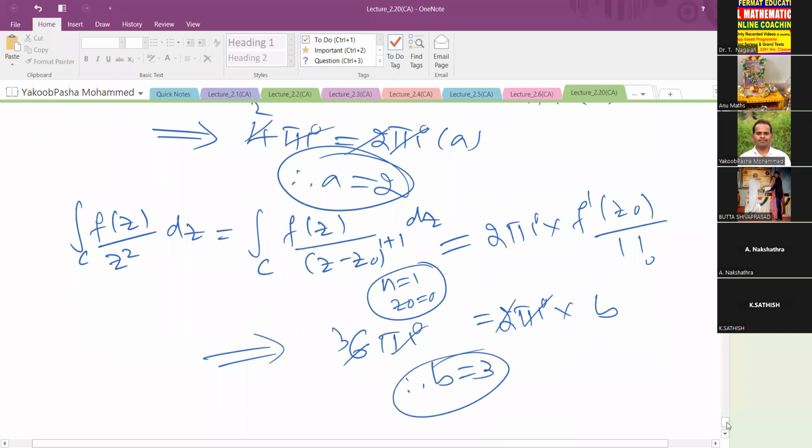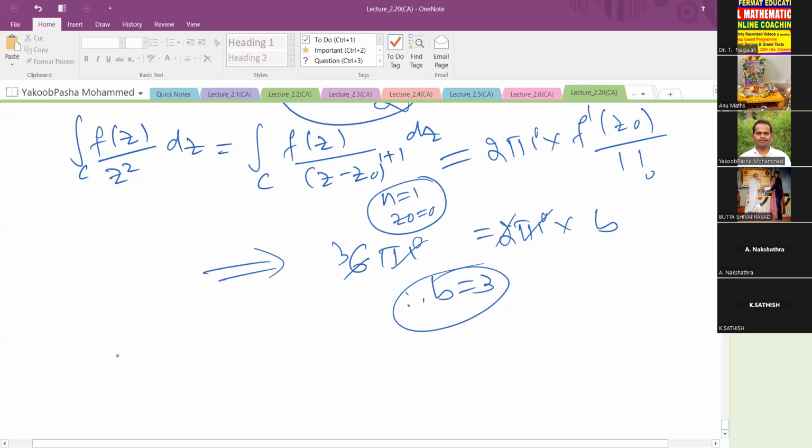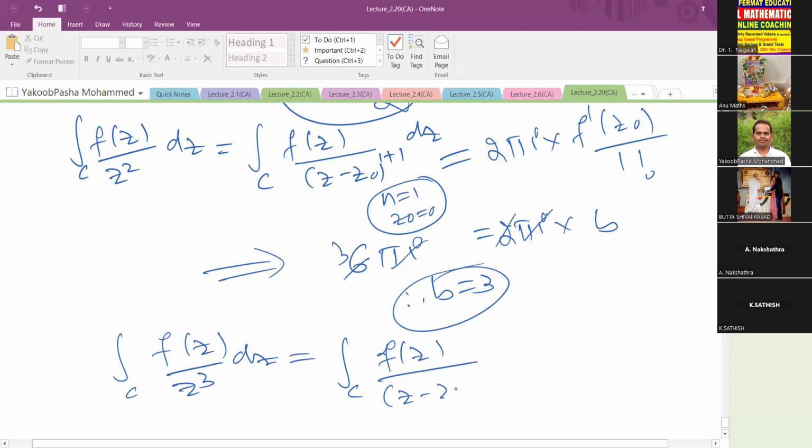Okay. Now the third one is integral over C of f of Z divided by Z cube into dz, which we can write as integral over C of f of Z divided by Z minus Z naught all to the power of 2 plus 1 into dz. Here n is equal to 2 and Z naught is equal to 0. This is equal to 2 pi I into f second derivative at Z naught divided by 2 factorial.